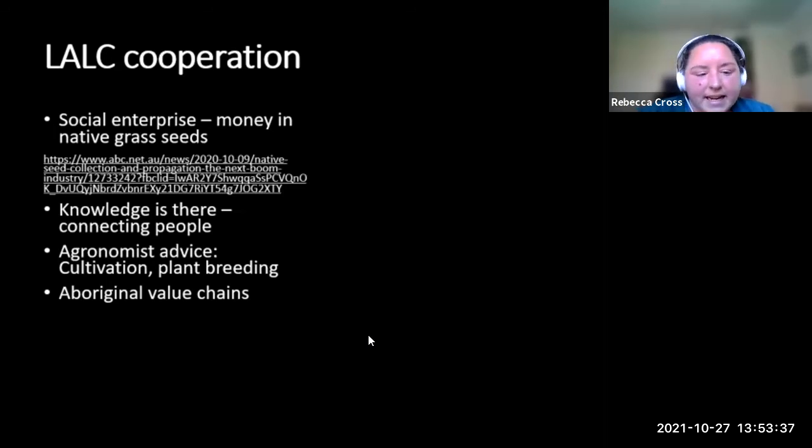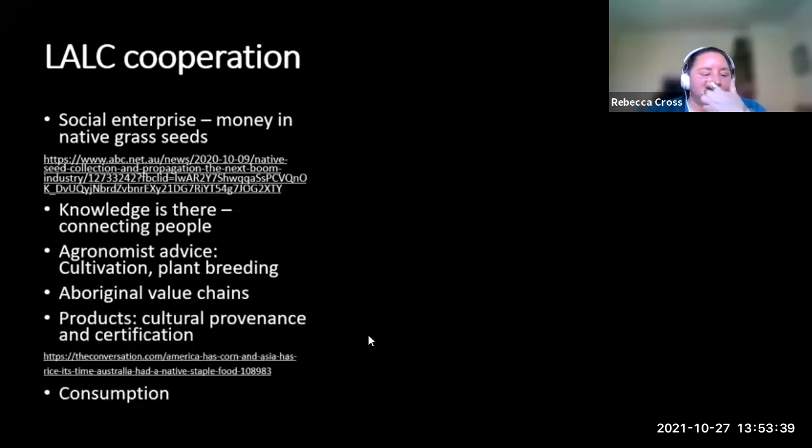And linked to that, which I'll just go to the last point, is consumption. There was a lot of talk around who can then afford to eat these grains at the other end, if we put a premium on these products, for our community to be able to access eating these grains. So there are questions there.